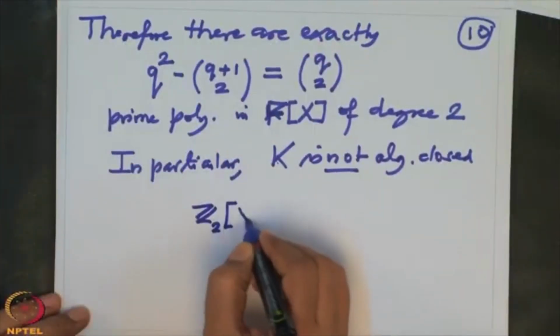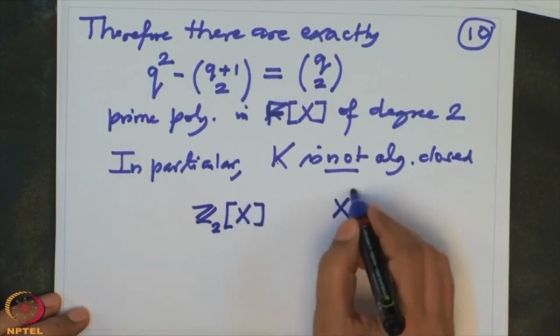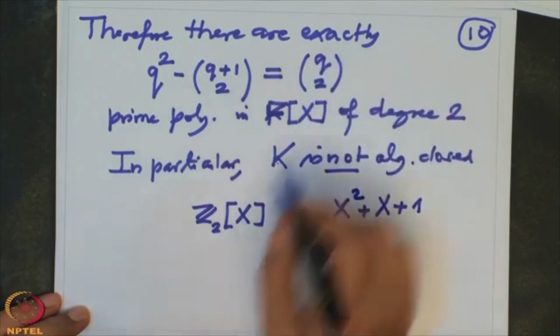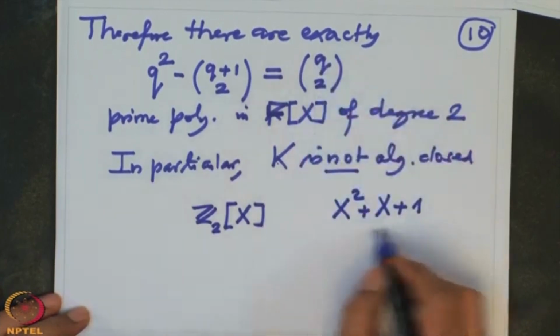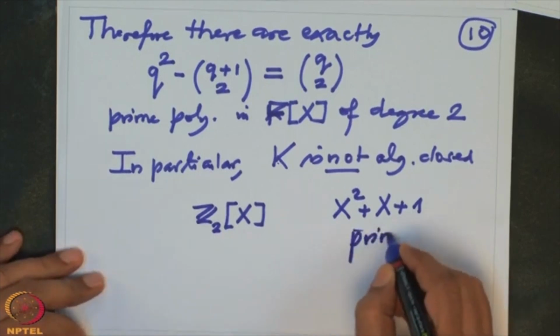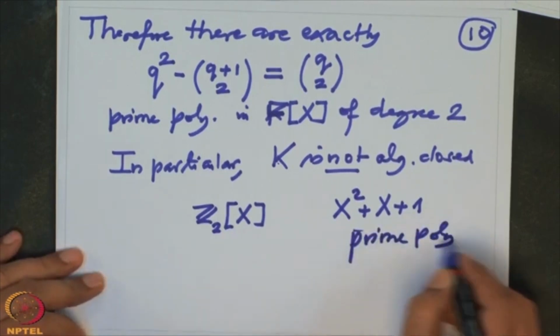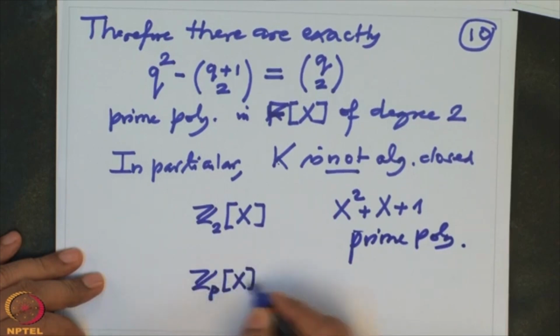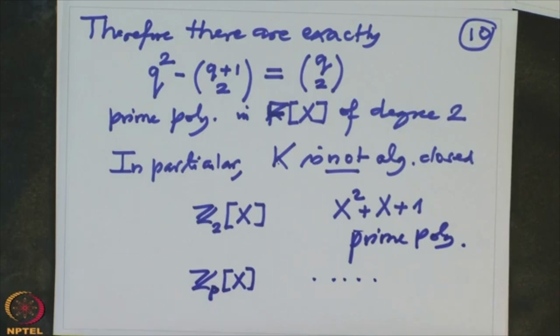So the only prime polynomial of degree 2 in Z mod 2 [x] is x square plus x plus 1, because q is 2 in that case, and q choose 2 is 1. If I take Z mod p, then there will be more, and then you can list them.